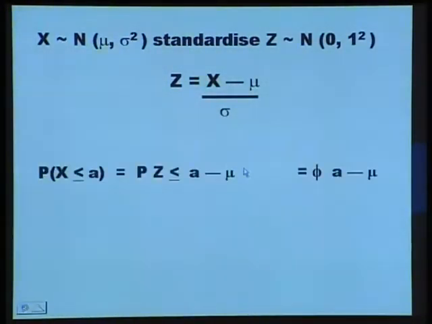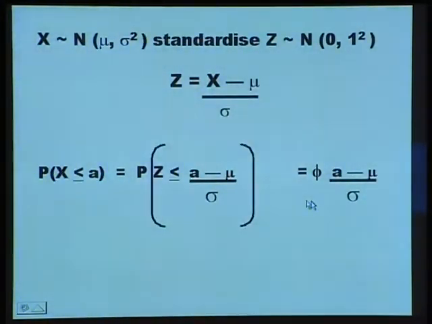Now, suppose that you have to find the probability x is less than or equal to a, then after standardization we will have probability z less than or equal to a minus mu, which is the mean value of x, divided by sigma.